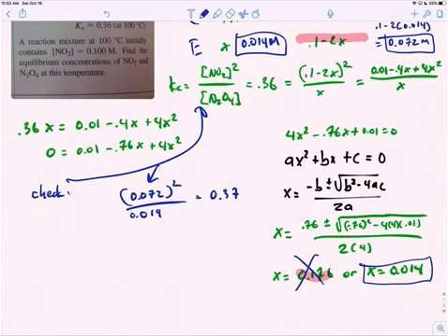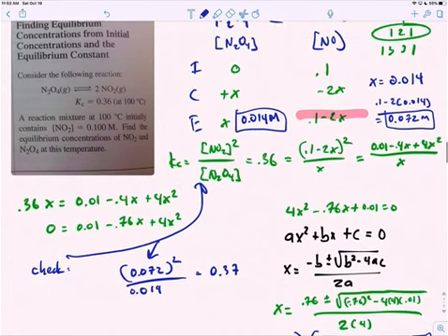We have to get rid of the 0.176 solution because it creates an erroneous situation. And then using 0.014 as the extent of reaction, that means we get 0.014 molar concentration of reactants and 0.072 molar concentration of products in this chemical reaction. And because we're super awesome, we went ahead and checked it, and the check does generate out what we already know. So this is how to solve that one.